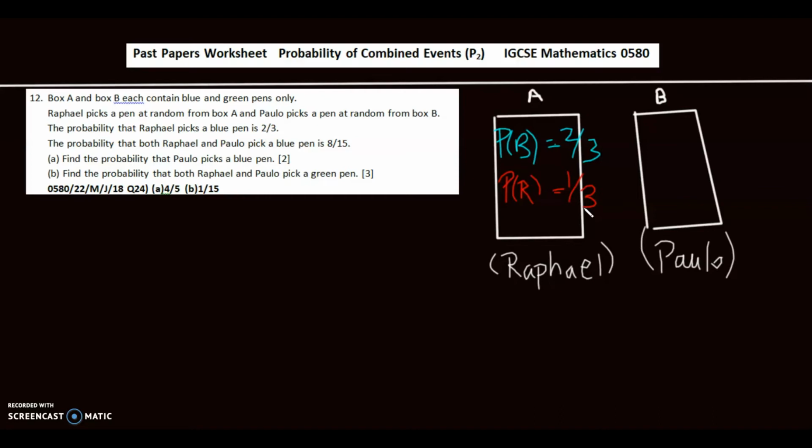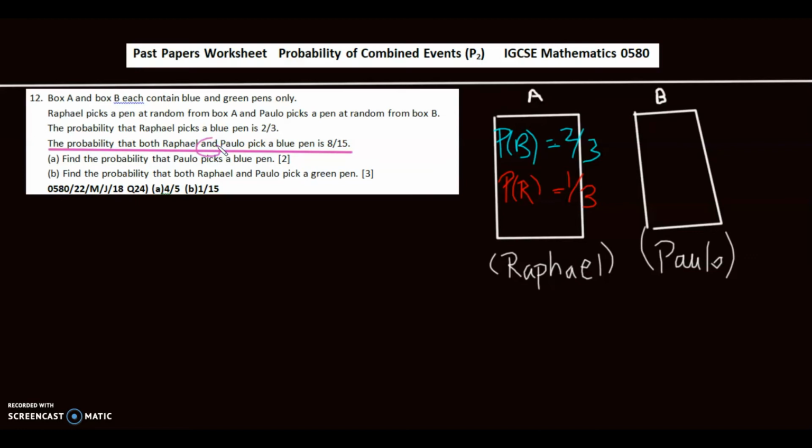Okay. Then it says the probability that Raphael and Polo both pick a blue pen is 8 by 15. Find the probability that Polo picks a blue pen. So we will use this statement over here. The probability that Raphael and Polo both pick a blue pen is 8 by 15. And means we'll be multiplying the probabilities.